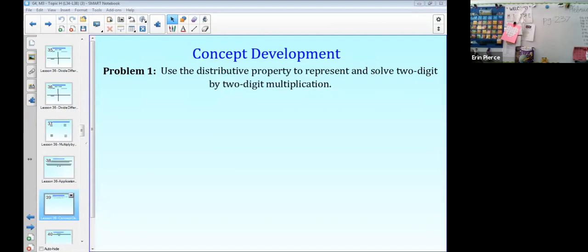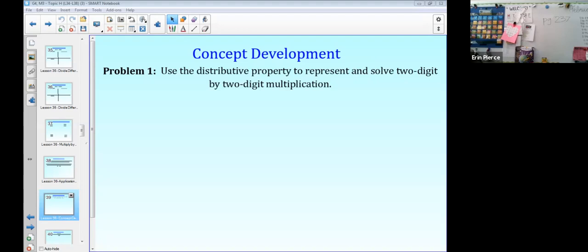Like I said, we're on lesson 36 today. What we're going to be doing is solving a 2-digit by 2-digit multiplication problem. We've been doing that, but today our numbers are going to have digits in the tens and in the ones for both numbers.